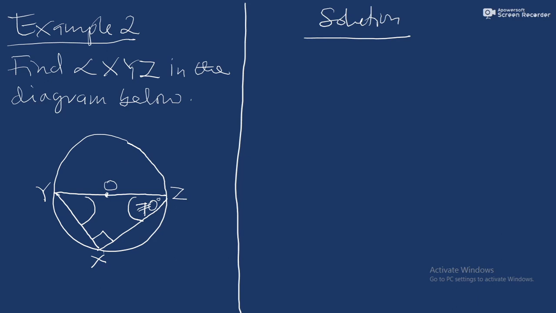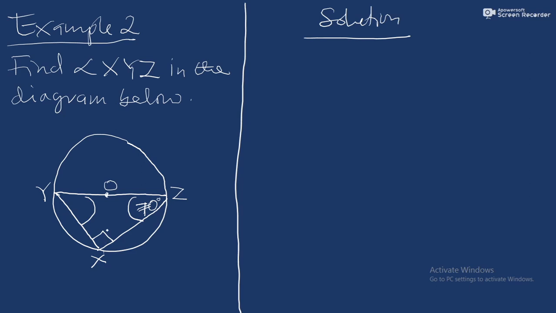So in the diagram you have a center with a diameter. The diameter is YZ, and this diameter has subtended an angle at the circumference, which from the theorem is supposed to be what? 90 degrees. So the theorem has enabled us to know that this angle at X is 90 degrees.